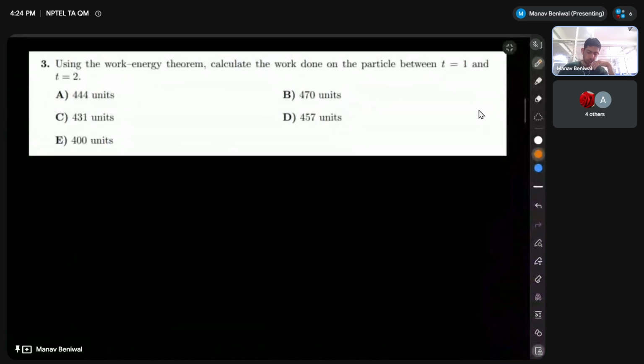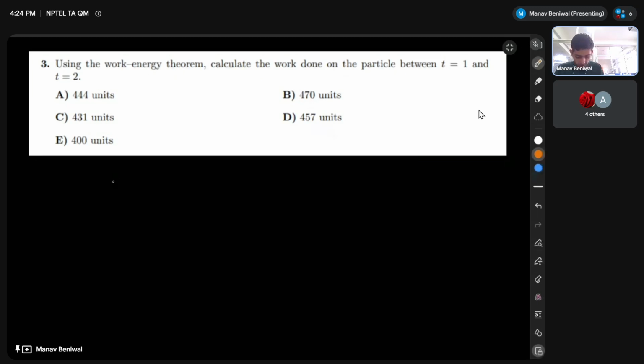Using the work energy theorem, calculate the work done on the particle between t equals 1 and t equals 2. So what is the work energy theorem? W is equal to change in kinetic energy. Correct. So let us write.